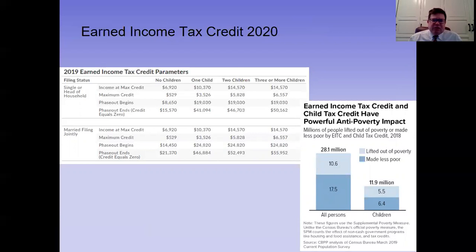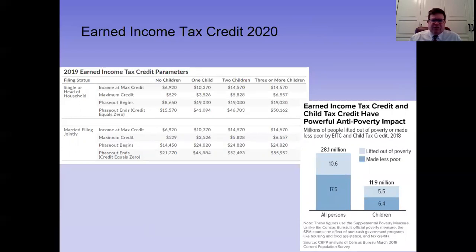So you can see here the chart of how much you might get. You can get a maximum credit of $529 if you have no children. With 1 child, 2 children, 3 children, you get additional credits, which would come back to you.